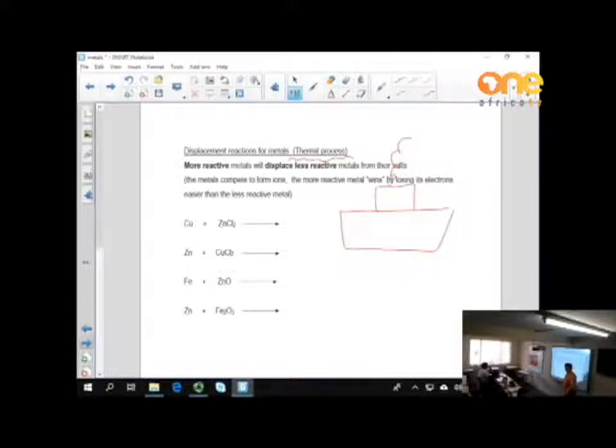Steel, iron. What happens to steel and iron? Because the ships aren't completely painted, they rust. So what do they do? They fix strips of magnesium onto the hull on the outside. Magnesium is more reactive than iron.